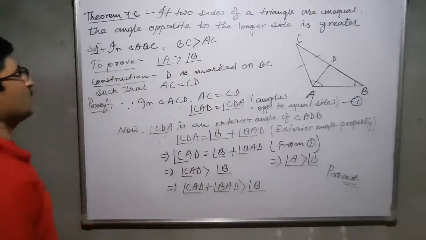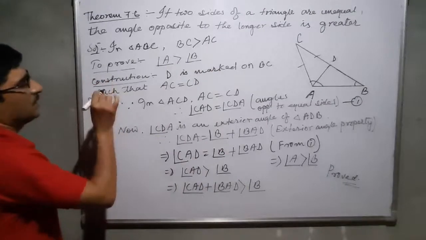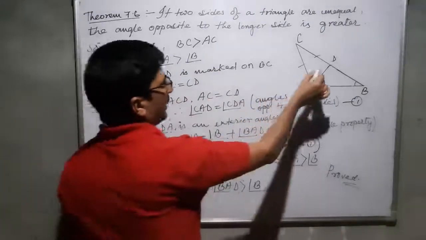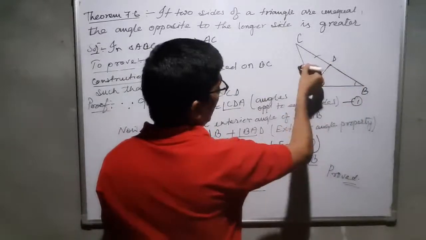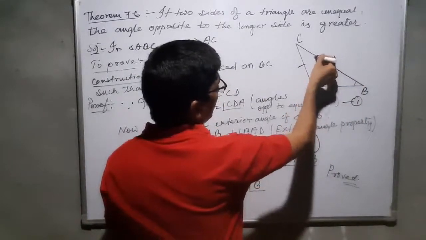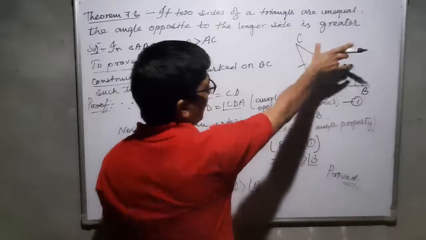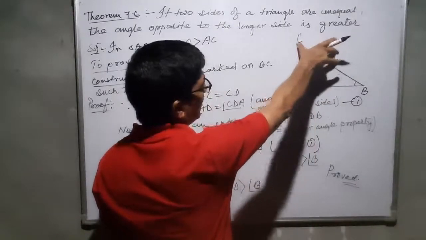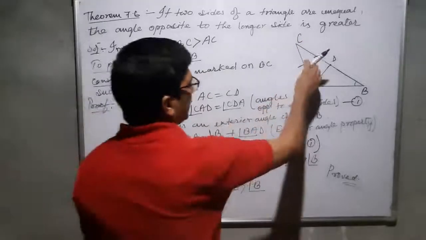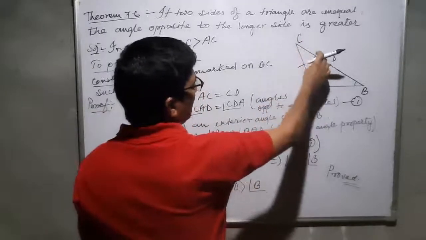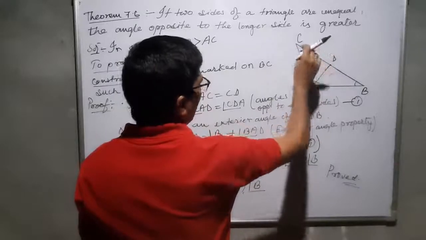To prove this, we need a construction. The construction is we mark a point D on BC such that AC and CD are equal. We mark D in such a way that CD and AC are equal. That way we have marked. Then this ACD is an isosceles triangle.